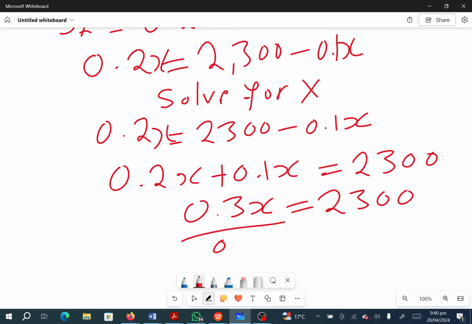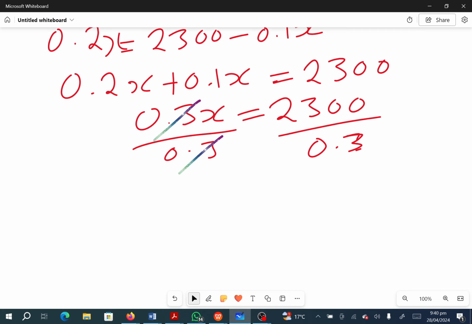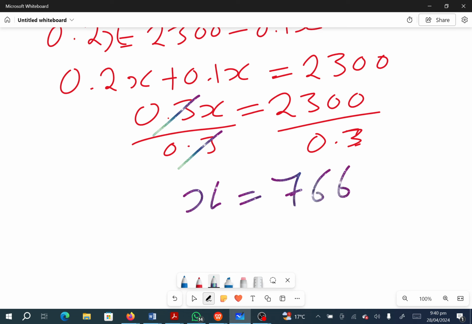So over 0.3, then over 0.3, here we will cancel. Then our x is now equal to 7,666.67.